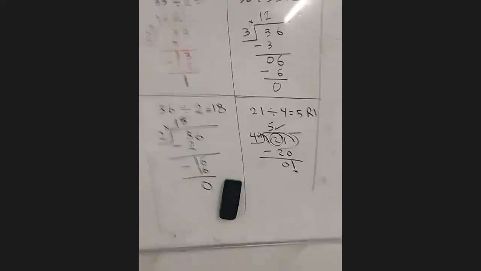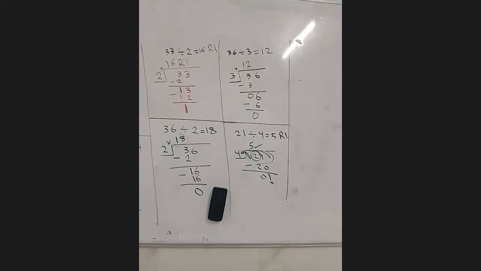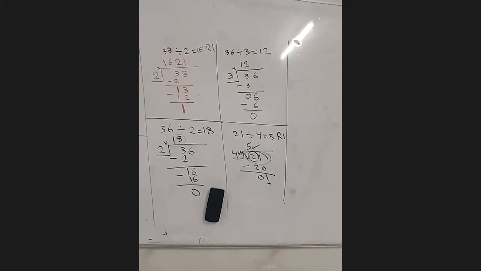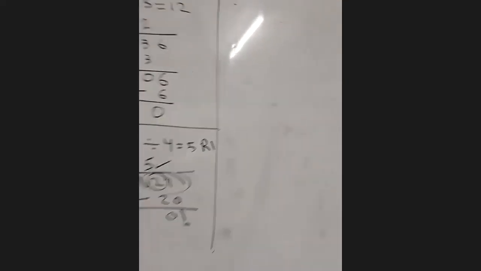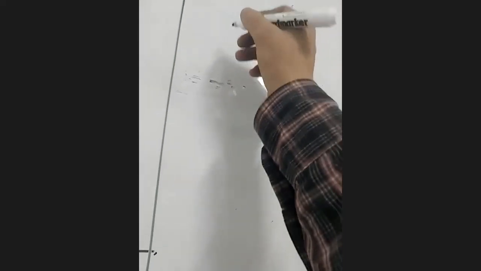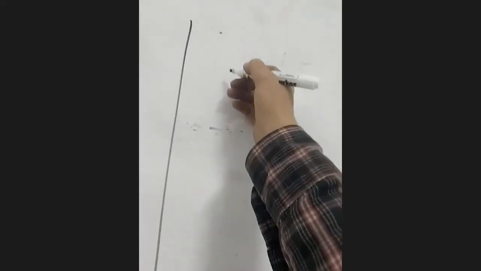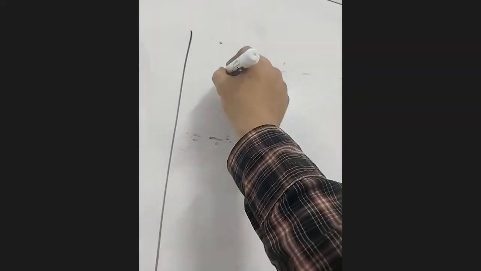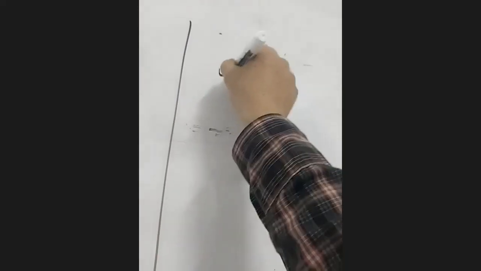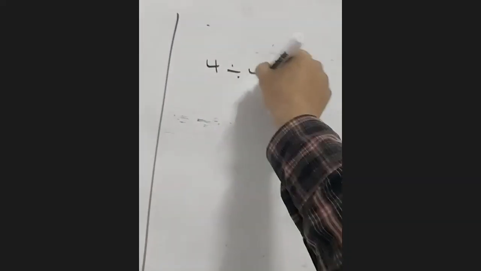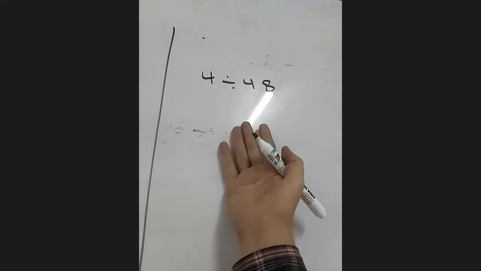Jalal. Yes, mister. My question is, can I make 4 by 48? What? 4 by 48? I mean divide. What's your example? Write 4 divide 48, like this? Yeah, what's the answer?